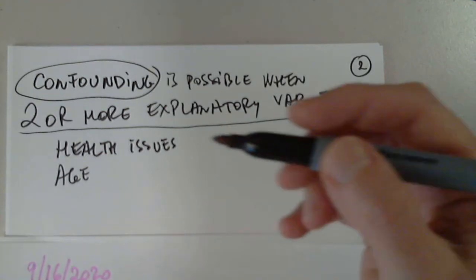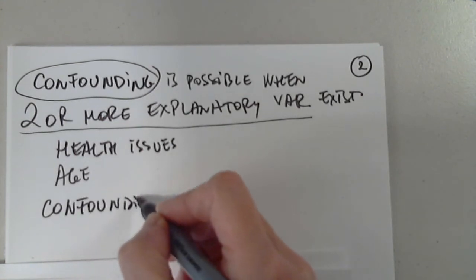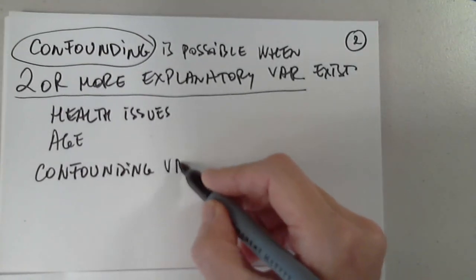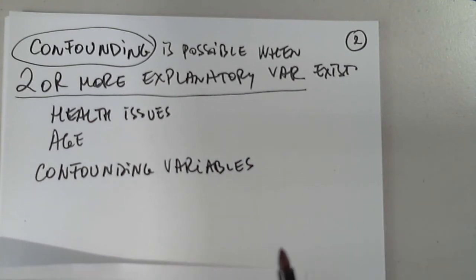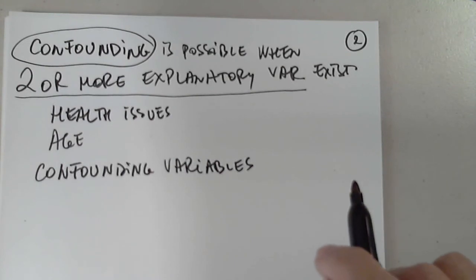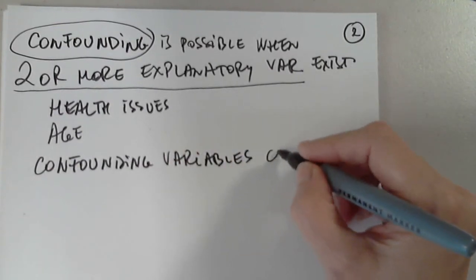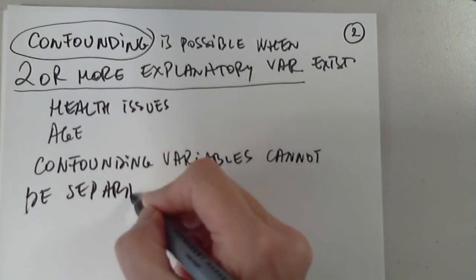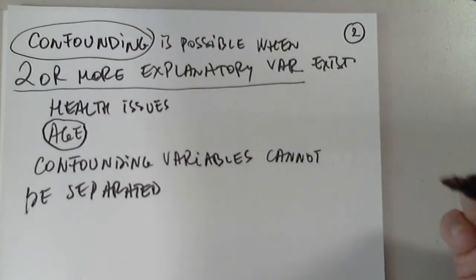So, in other words, what is a confounding variable? Is a confounding variable a variable that's not being studied but may affect the result? Well, the answer is that it is studied. A lurking variable is not studied. So the confounding variables cannot be separated. That's the problem. I cannot separate somebody's age from his habit of smoking.